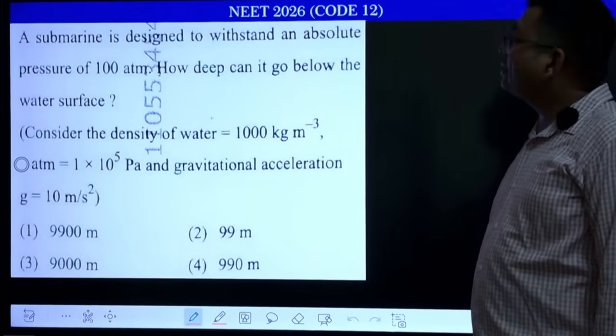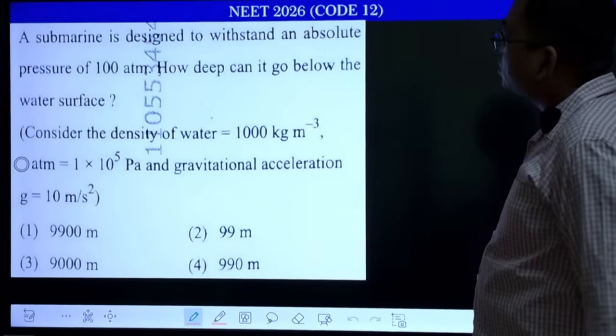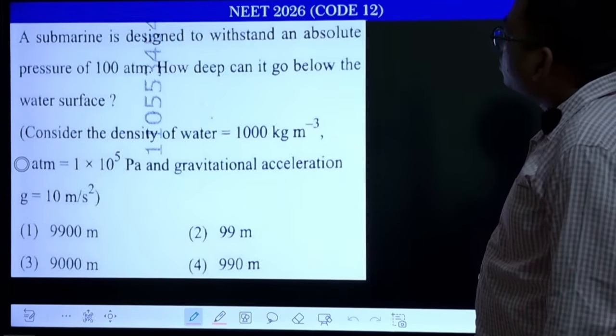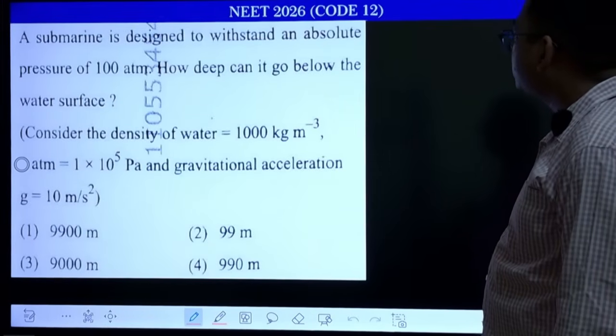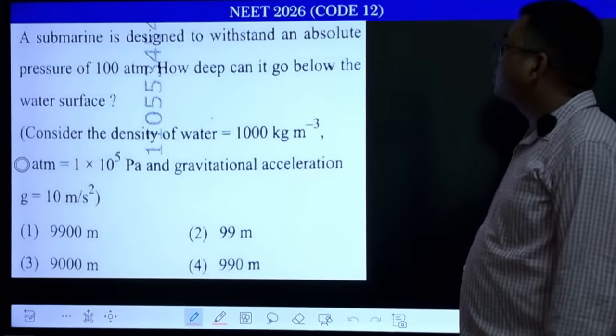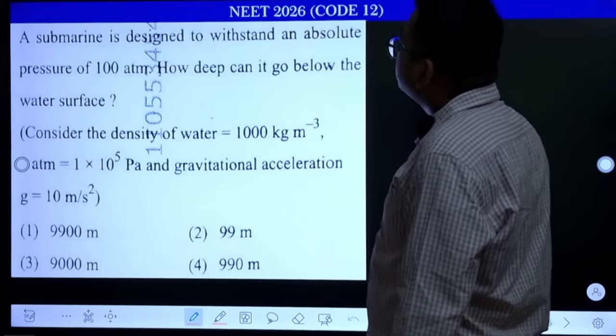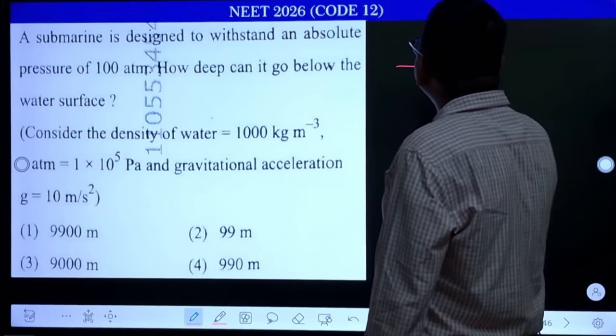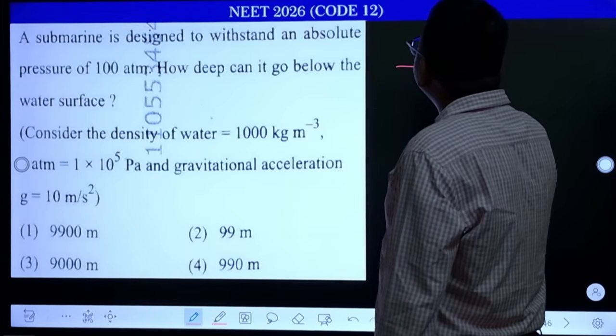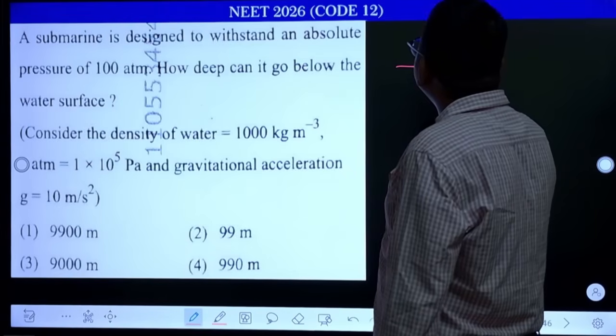A submarine is designed to withstand an absolute pressure. How deep can it go below the water surface? Consider density, atmospheric pressure, gravity, acceleration they have given. Okay. So suppose it goes to some depth; here is atmospheric pressure P naught or P atmosphere.